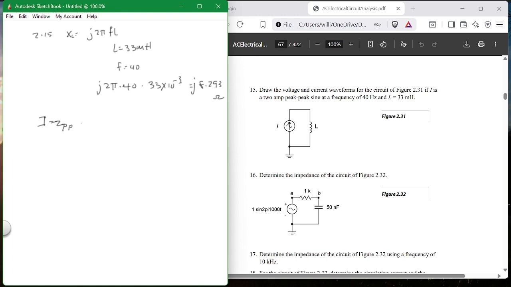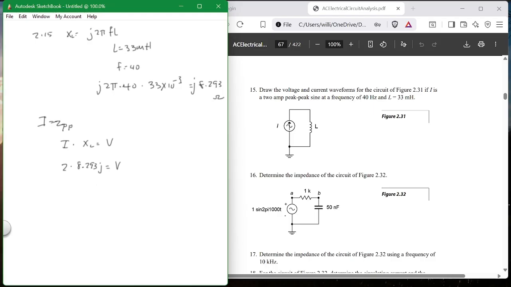And then I times X sub L is equal to V. So basically it is 2 times 8.293 J is equal to V. What is V?